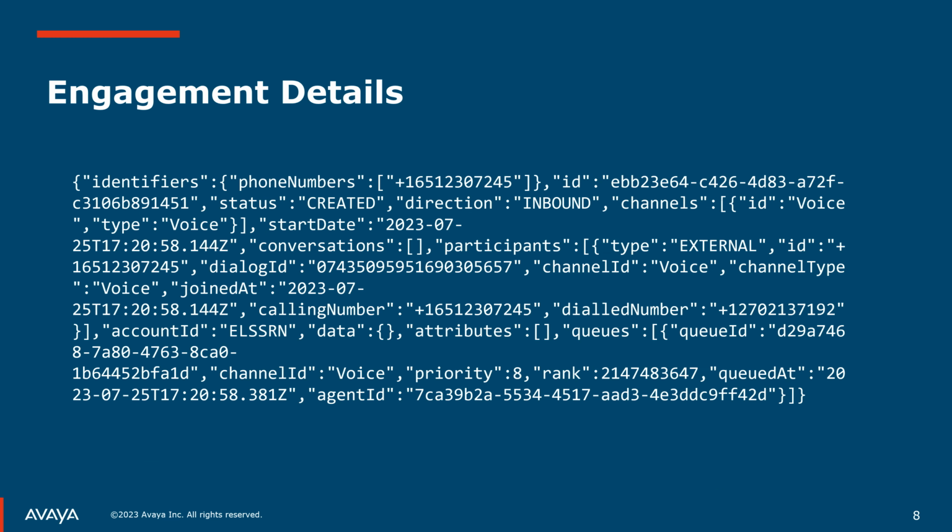It's a JSON structure, and there's quite a bit of information in there, but you can see there's the calling number. It's right there in the middle, the calling number. I also get the dialed number, so I know what number that this caller dialed to get into this Dialogflow CX agent. In my application, I'm only interested in the calling number, and there it is. So now I do not have to request that from the customer. I have it already.